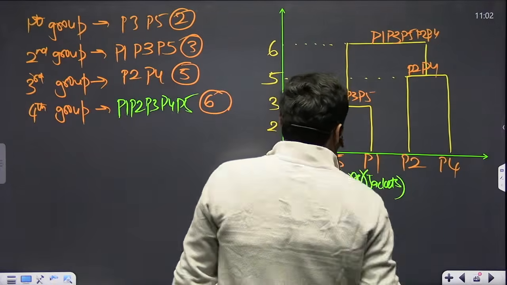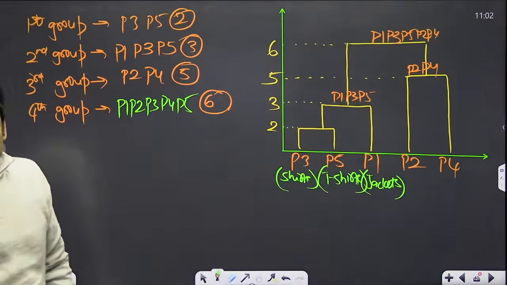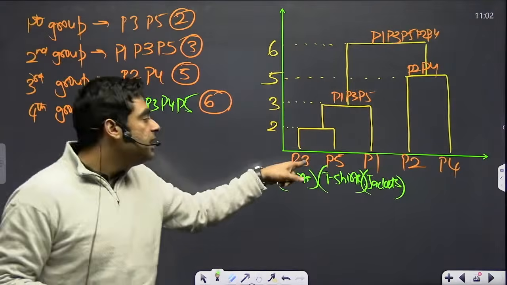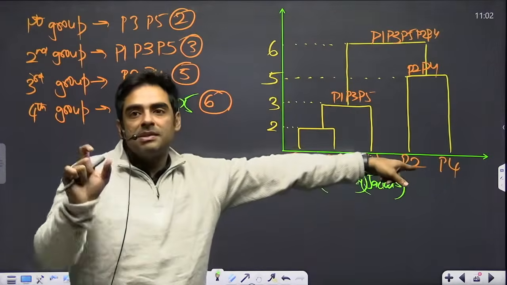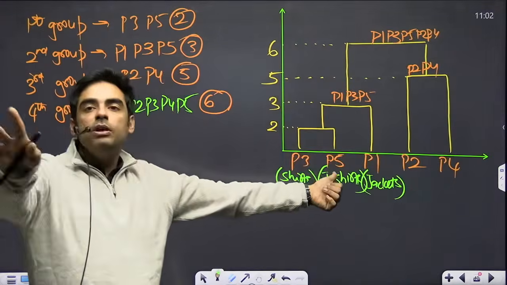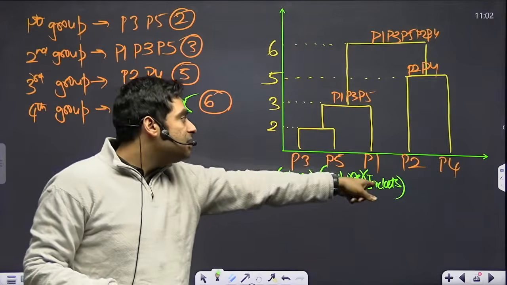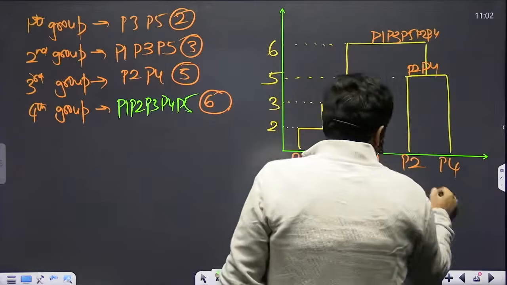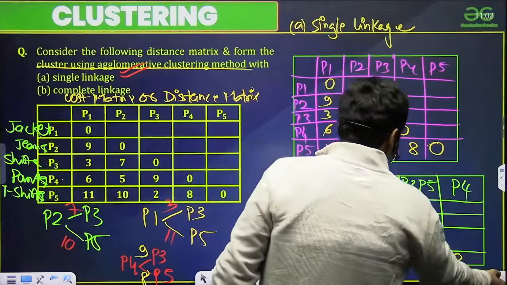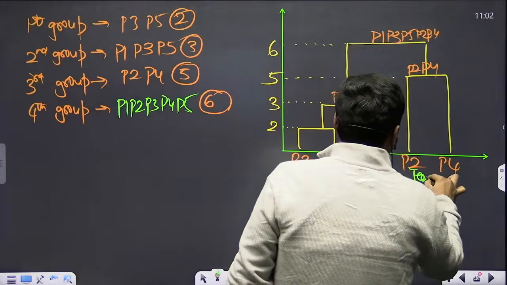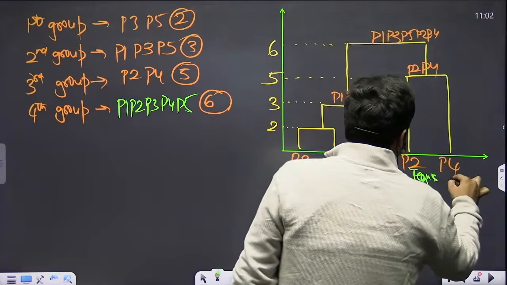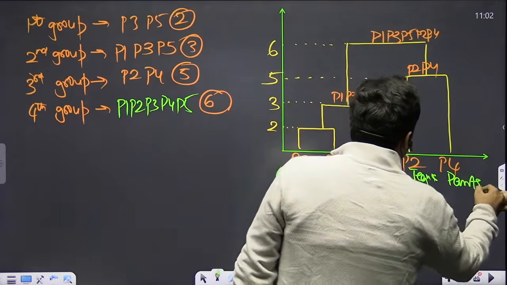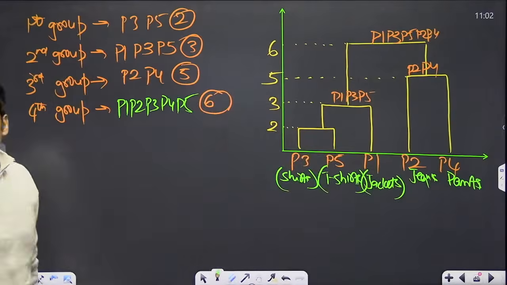If you buy a shirt or t-shirt, it won't show you jeans. If you buy jackets, then it might show you jeans. So P2 is named as jeans and P4 is named as pants.